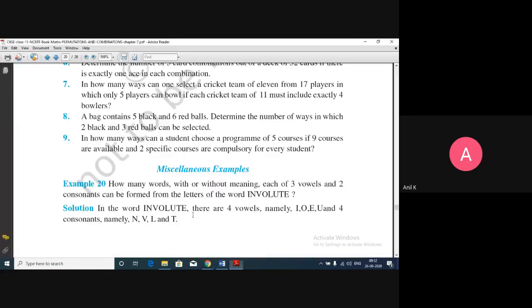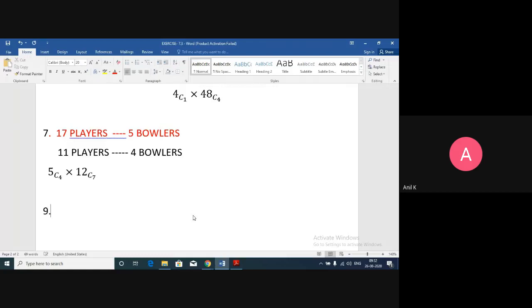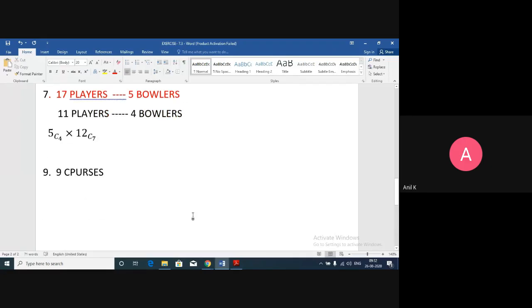Number 9. You have 9 courses with you. Out of 9, 2 are compulsory. When courses are compulsory, those 2 courses you can select in 2 ways or 1 way.